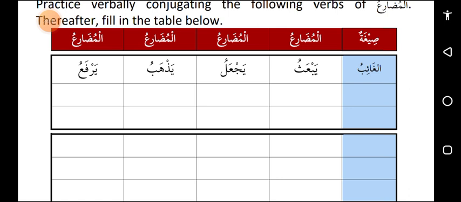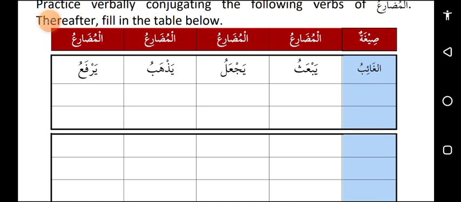Next one is yaj'alu. So يجعل يجعلان يجعلون تجعل تجعلان يجعلن تجعل تجعلان تجعلون تجعلين تجعلان تجعلن أجعل نجعل.